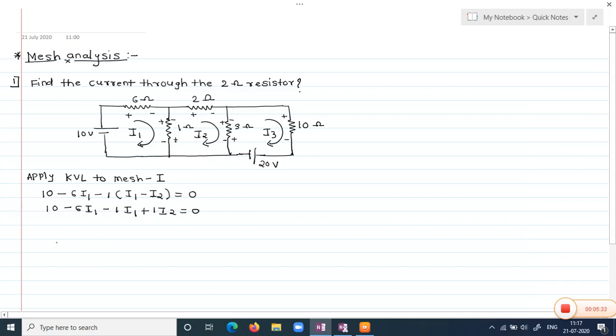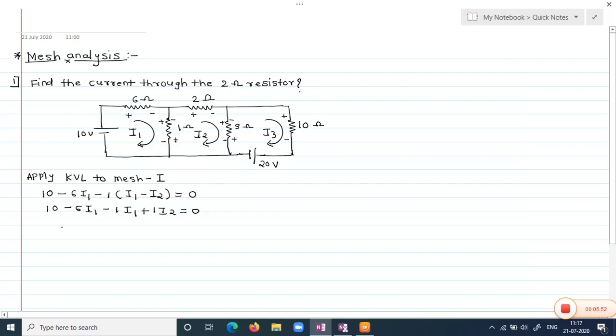Just keep the 10 volt outside as it is. So we keep the 10 outside as it is, which means this minus will become plus, and this plus will become a minus.